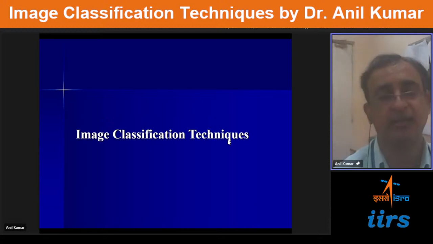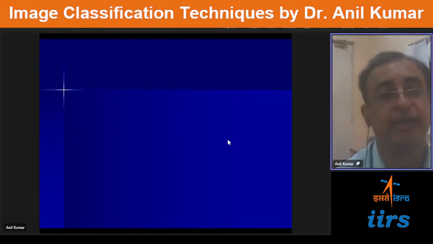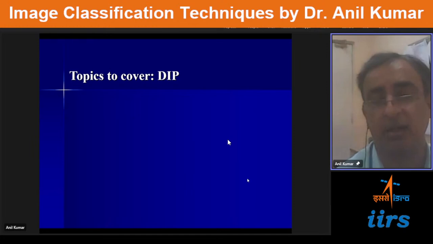Before I start the image classification techniques, we have to understand what an image is again, so that you get focused on how different classification algorithms work. So here you can see the topics under DIP that I'm going to cover.